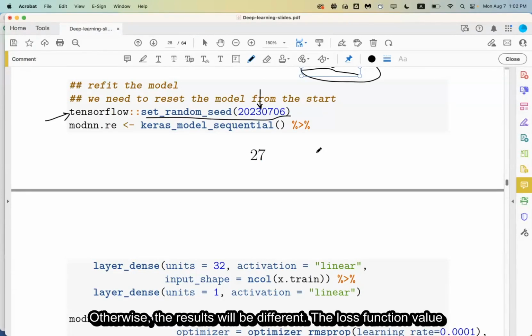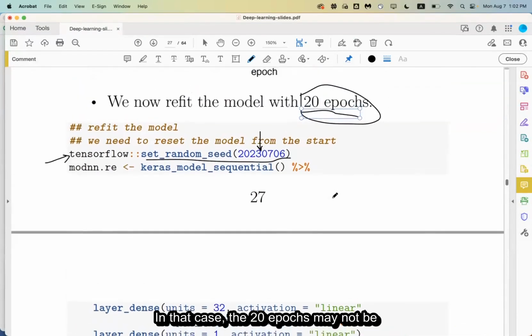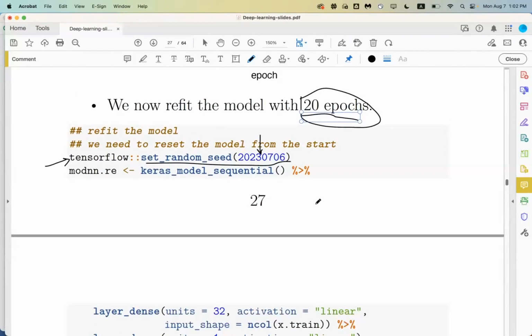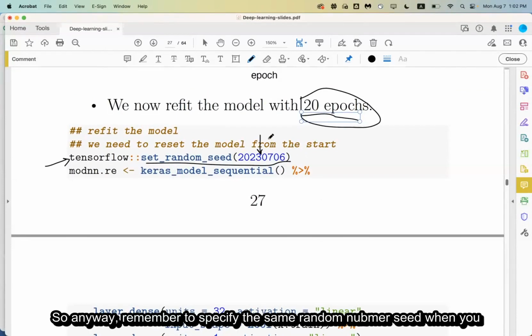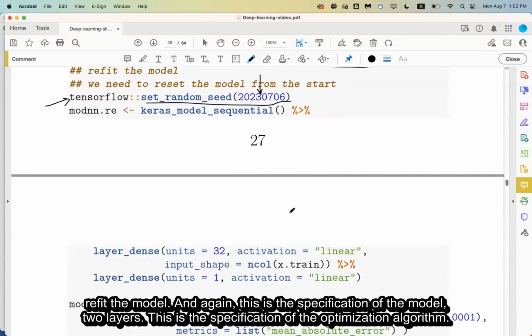Otherwise, the results will be different. The loss function value will also be different. In that case, the 20 epochs may not be the optimal number of epochs to use anymore. So anyway, remember to specify the same random number seed when you refit the model.